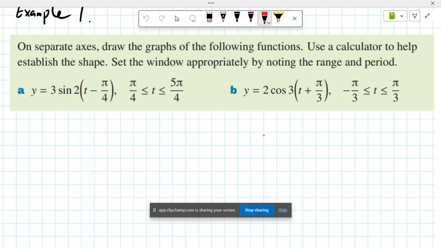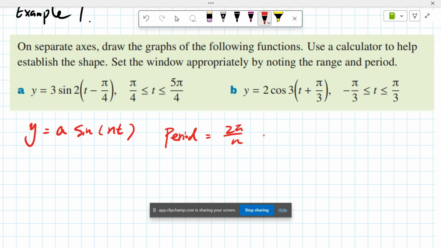If you have y equal to a sine nt, your graph's period will be equal to 2 pi over n.